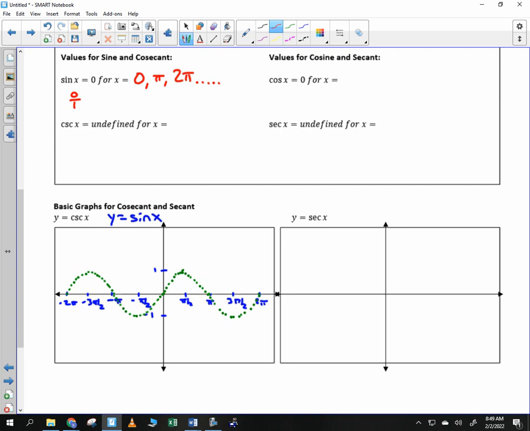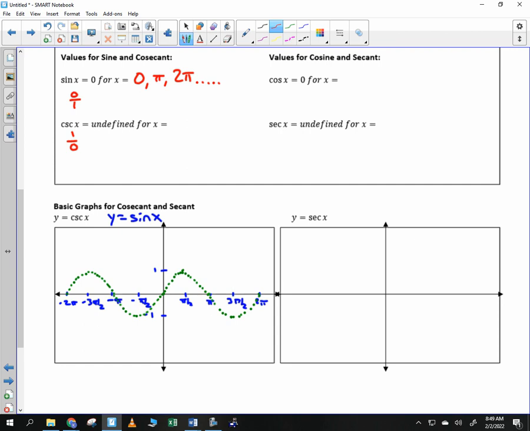What's the reciprocal of 0 over 1? 1 over 0. And what is 1 over 0? If you have 0 in the denominator, you get undefined. See that? 0 over 1 is 0. 1 over 0 is undefined.